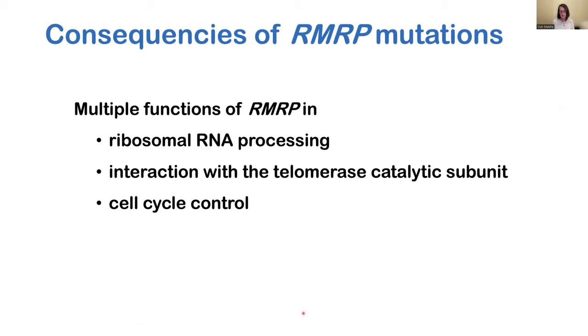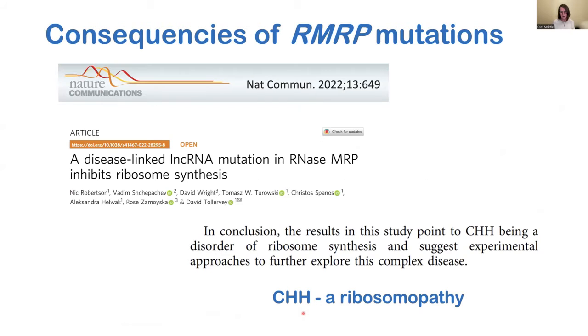So regarding the different functions, I will not go into very much detail, but some words about this. This is a recent publication studying this RMRP effects in fibroblasts, and especially focusing on ribosomal synthesis.